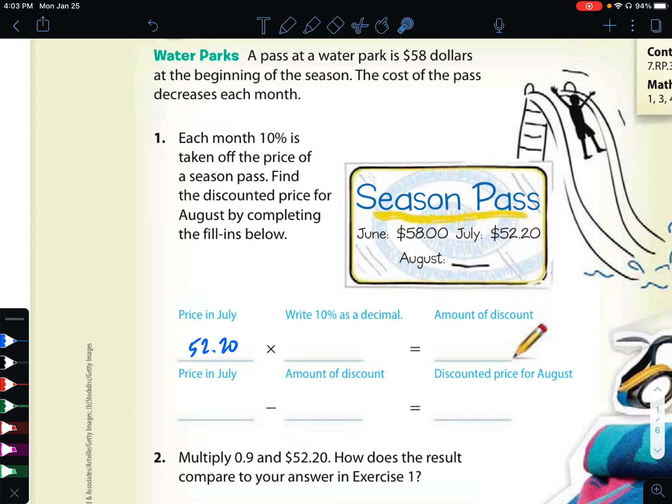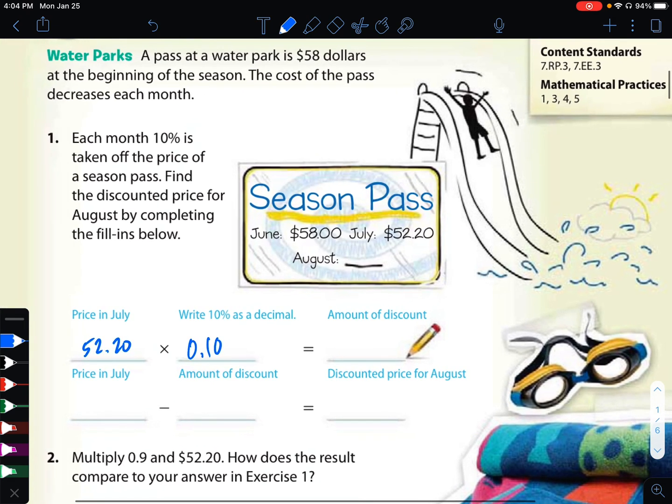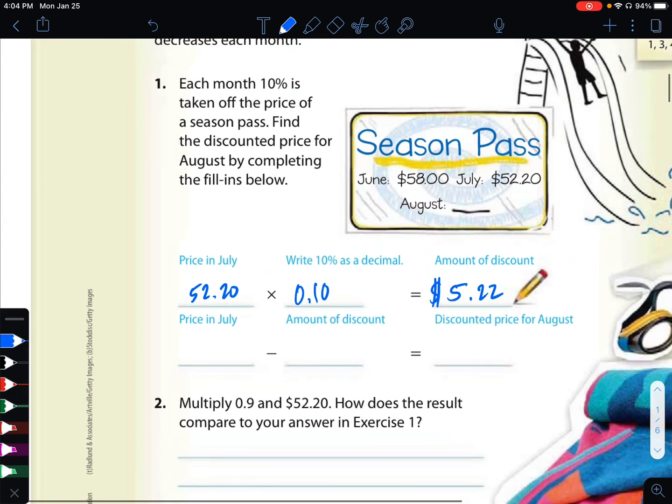We know that the decimal for 10% is 0.10. If we multiply $52.20 times 0.1, we end up with $5.22. That's the amount of the discount for July.